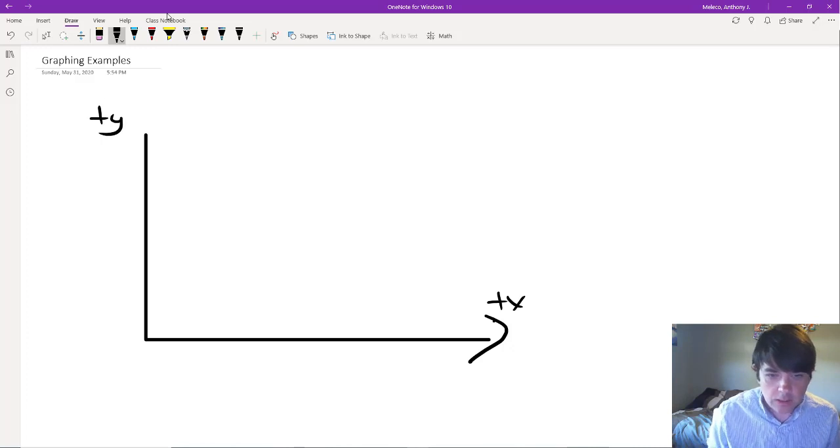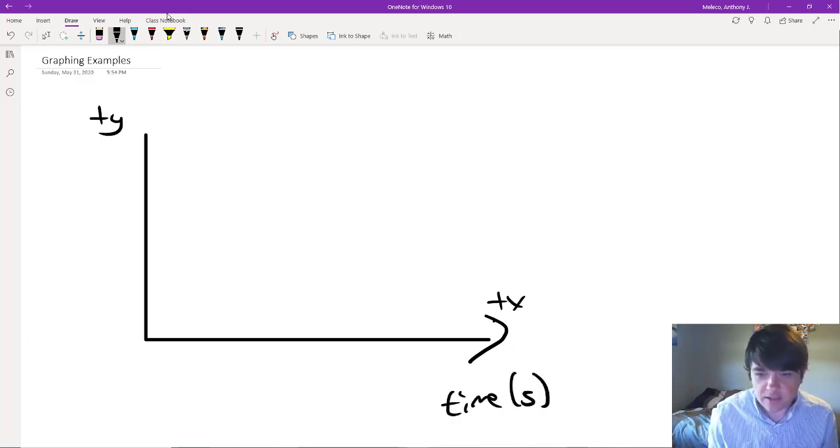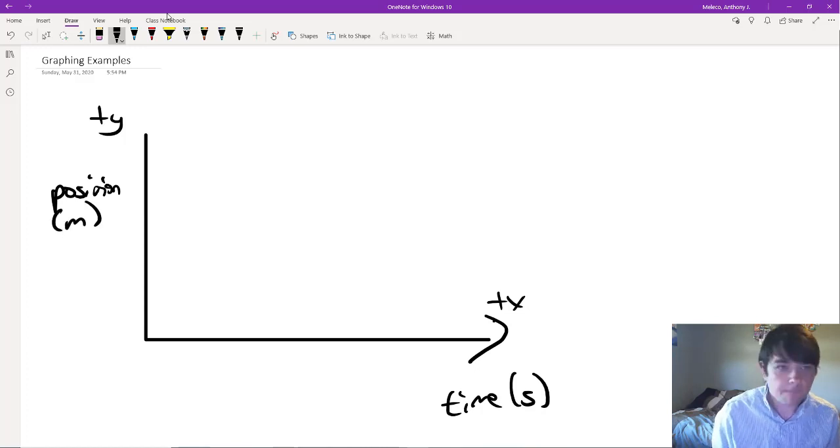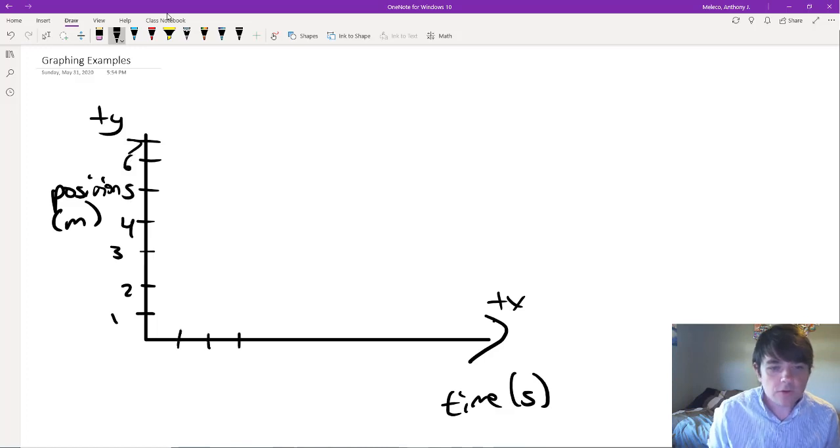On the x-axis, we're going to have time, in seconds. And on the y-axis, we're going to have position, in meters. And it'll go 1, 2, 3, 4, 5, 6, 7, and 1, 2, 3, 4, 5, 6, 7 seconds.